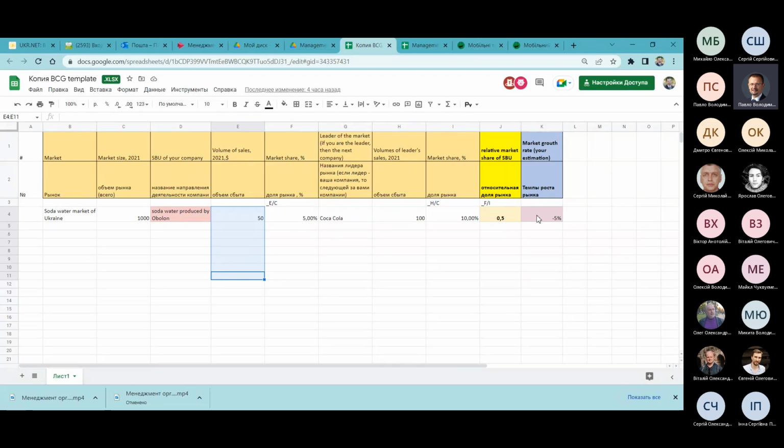You can take 5 or 6 strategical business units, just this, because if you decided to take the bigger company, it will be a bigger number of markets to be described. Okay.